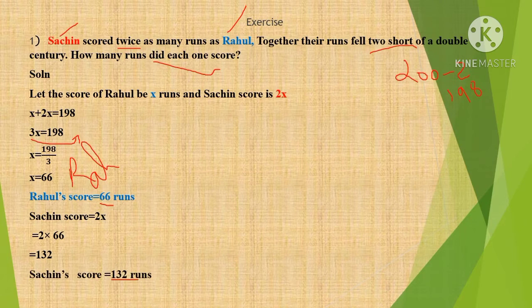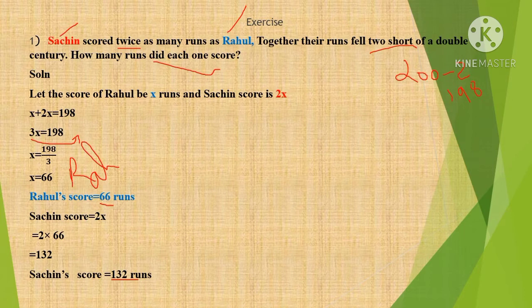So Sachin's score is equal to 132. Is it clear, children? So double century means 200. Triple century means 300. Okay. Here fell too short means for 200 runs, 2 runs was less. So that's why 200 minus 2, total runs was 198. And Sachin's score will always be double of Rahul's score.